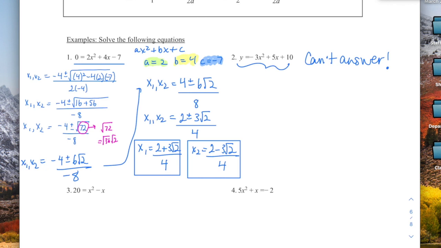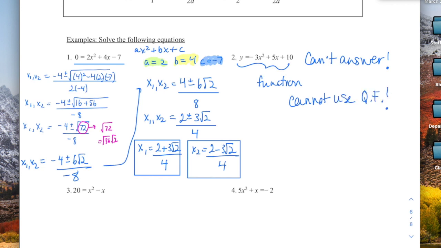And the reason I can't answer this is because this is a function of x and y, and it's not asking me to solve for a specific value of x for a specific value of y. So I cannot actually use the quadratic formula.